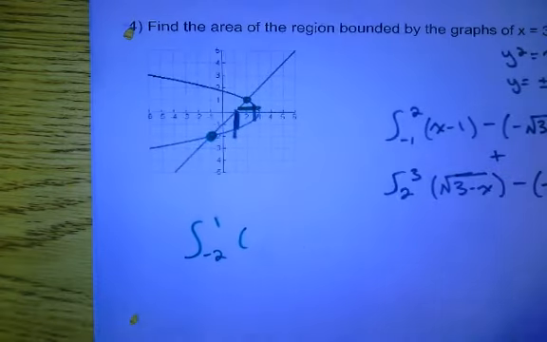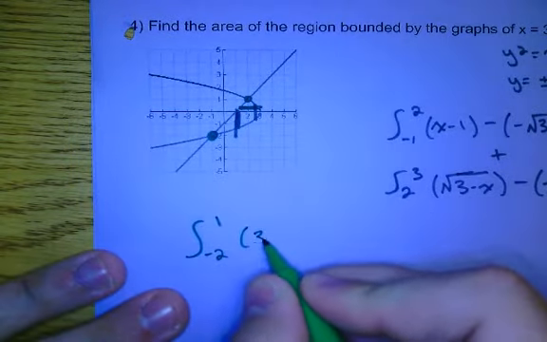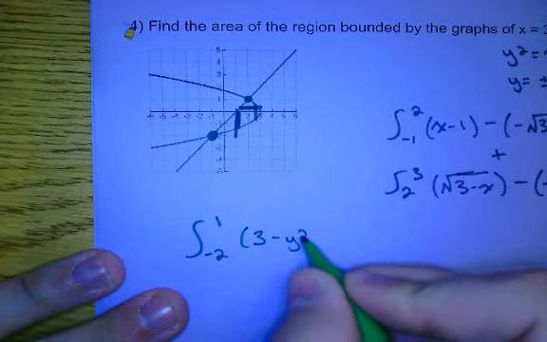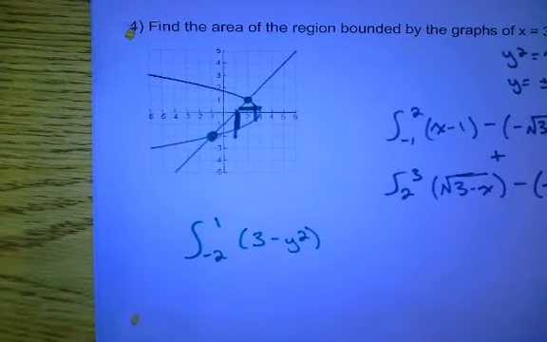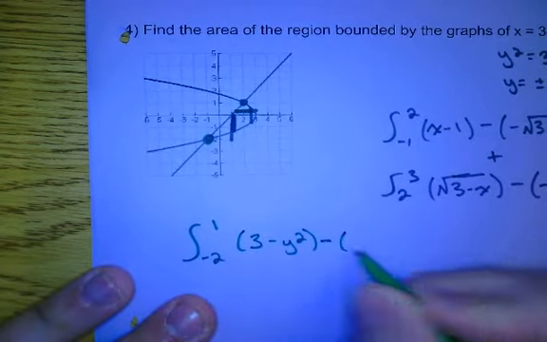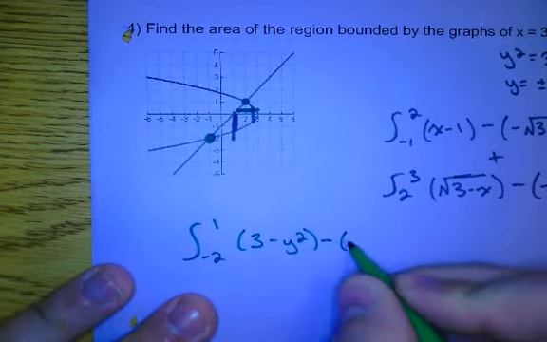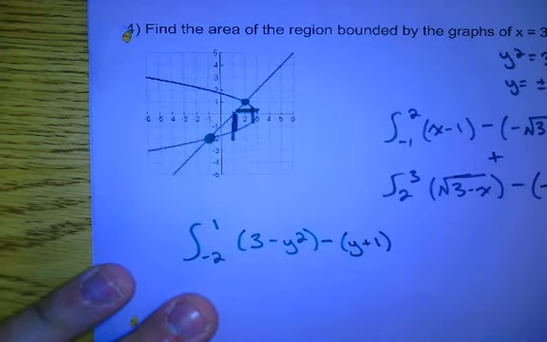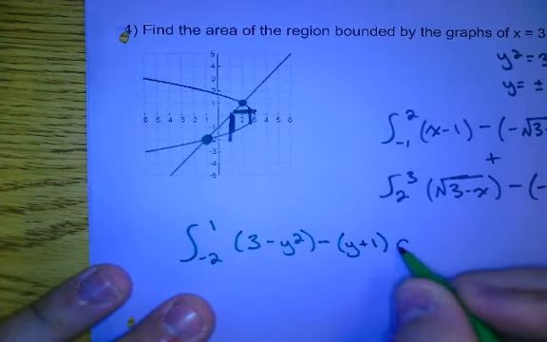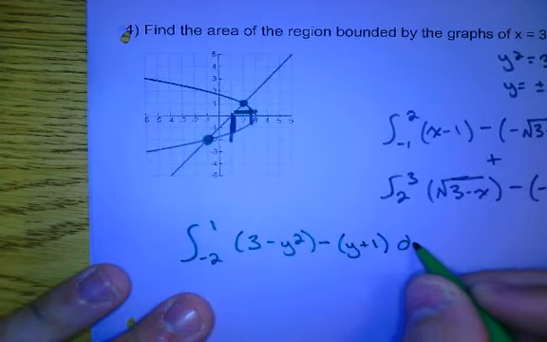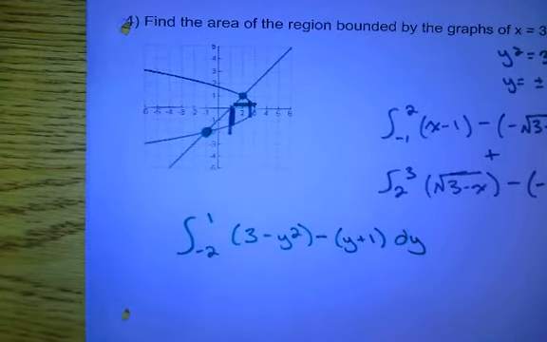So my bigger function is 3 minus y squared. That's bigger. Minus, what's the smaller one? y plus 1. Nice.